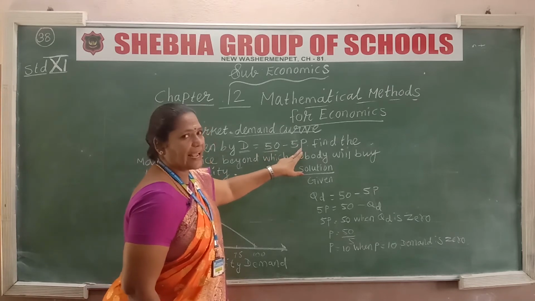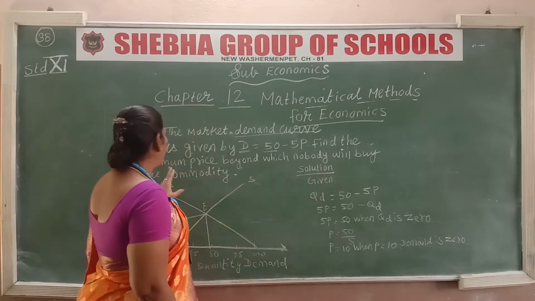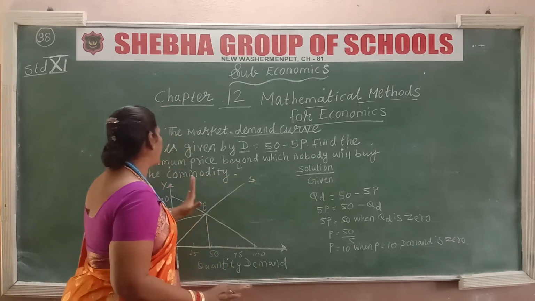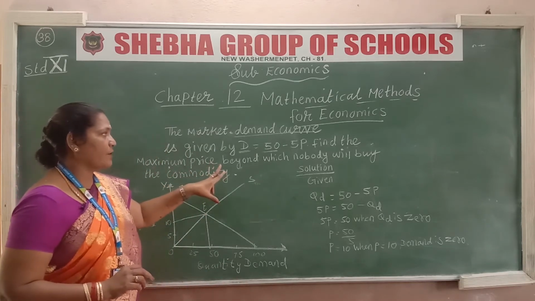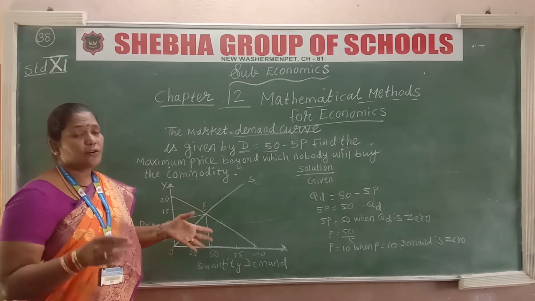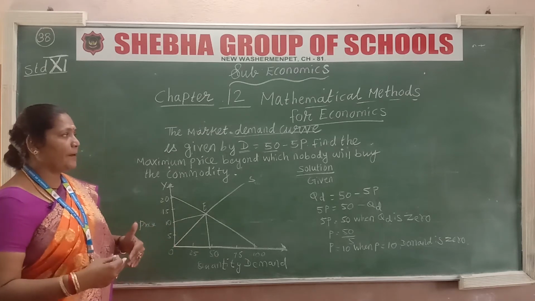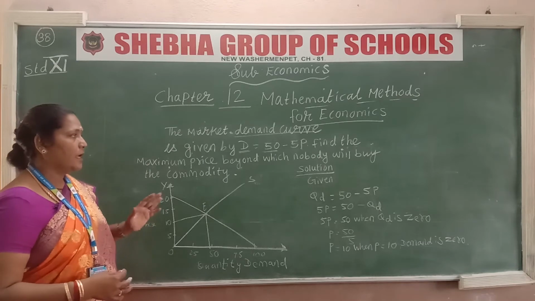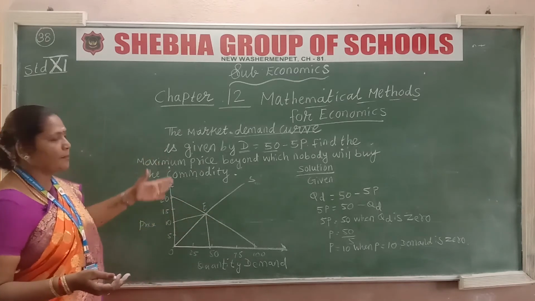That means the price value is 5. So we have to find the maximum price beyond which nobody will buy the commodity. For the demand curve they have given 50, and if we subtract from it, the price value is 5 rupees. So what do we have to do here? We have to find the maximum price at which nobody will buy the commodity. So we have to find this out.